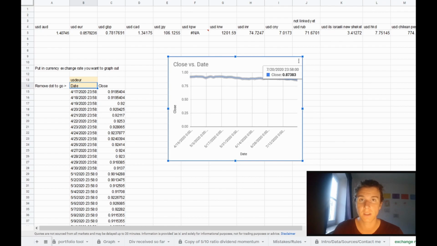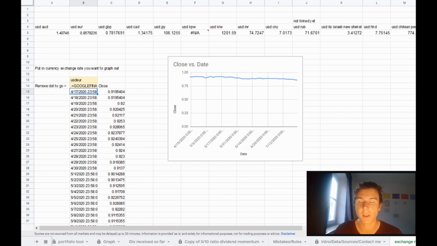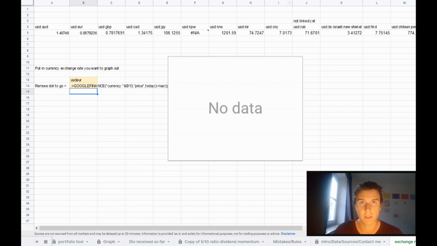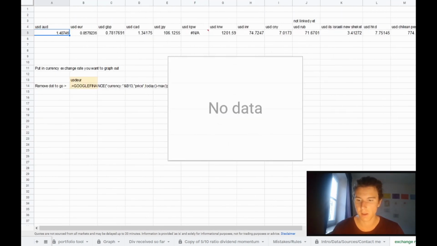And I think that's the difference for about 400 euro in invested capital that disappeared for now. If you add a dot in there or a space, then you don't have to load this one, and it usually works faster in total. And in this sheet, you can see all of the different currencies that were relevant for me in the past. And they are automated in the first function as well.